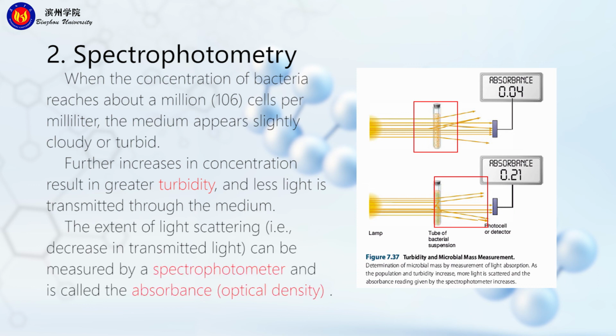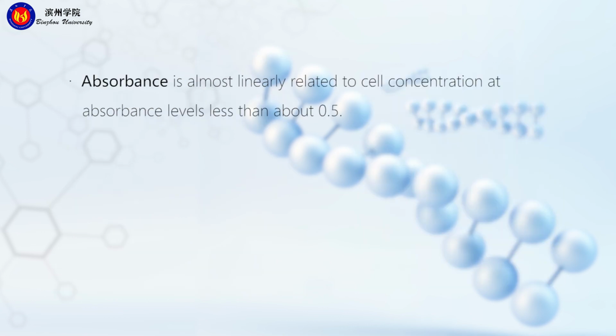The extent of light scattering can be measured by a spectrophotometer and is called the absorbance or optical density. Absorbance is almost linearly related to cell concentration at absorbance levels less than about 0.5.